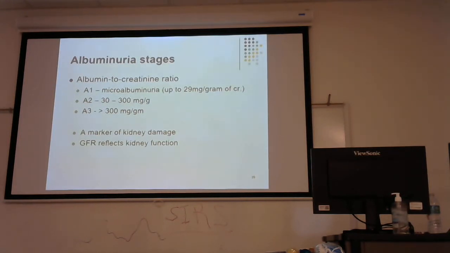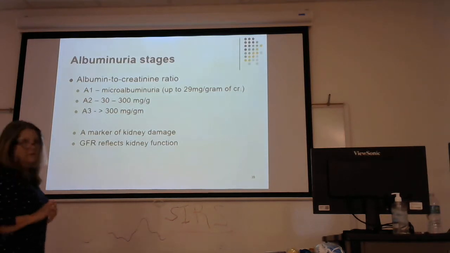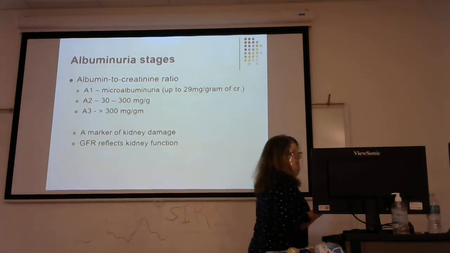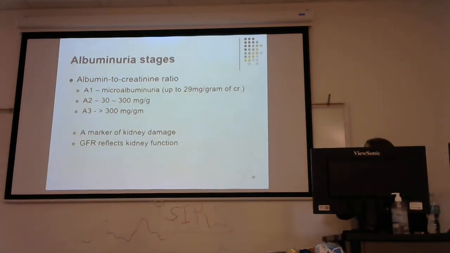But it starts to go up as your GFR goes down. So you've got a 2 ratio, and then you've got a 3. That means you're spilling a lot. That means you've got a lot of damage to your glomerulus and your kidneys. And you're probably at that point in stage 4 or 5 of end-stage renal disease. So that's another marker they've been starting to use, and it reflects really well the GFR.